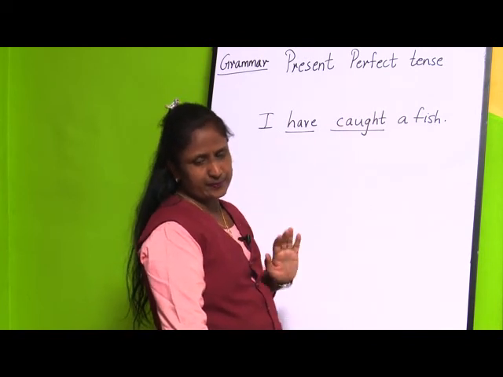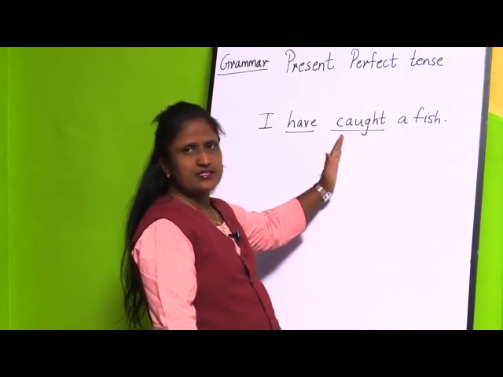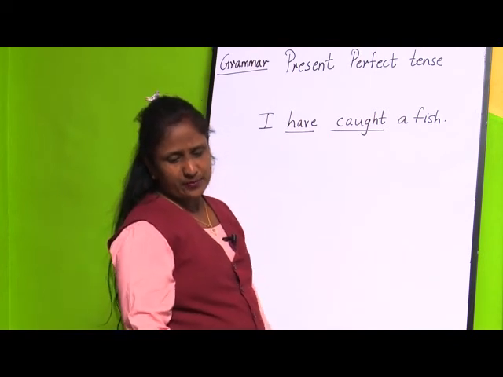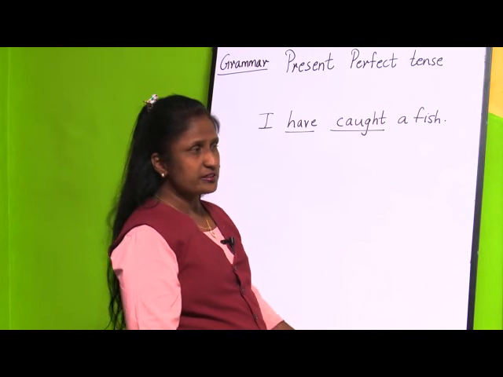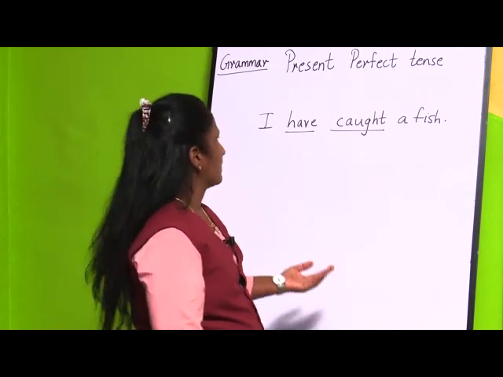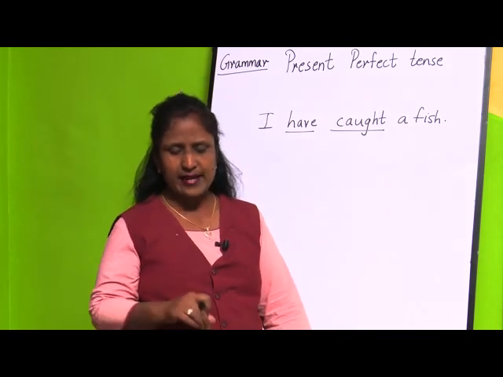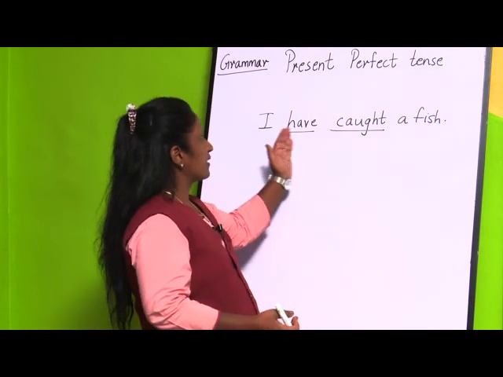Now, what is present perfect tense? Have caught, these two words, are in the present perfect tense. We often use words like already, just and so on in present perfect tense. Present perfect tense tells us about actions which have already been completed.